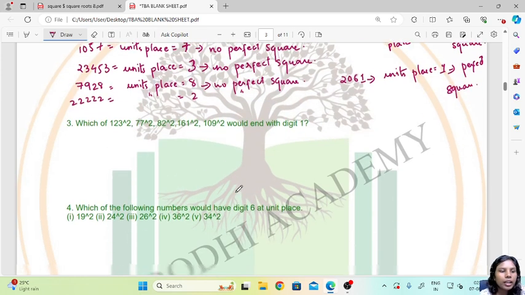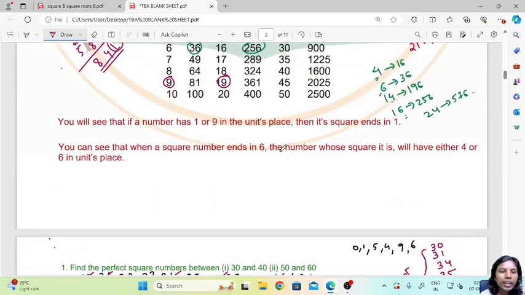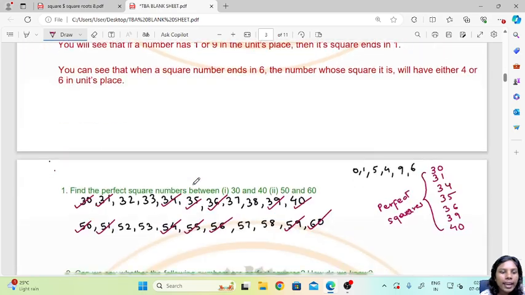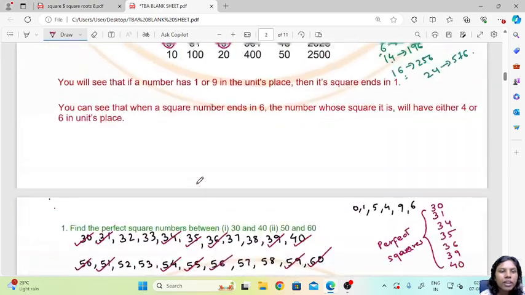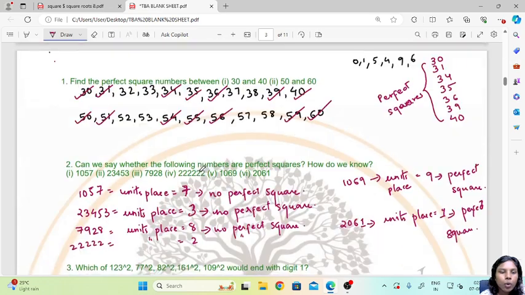Understood? Now, which of 123 raised to 2, 77 raised to 2, 82 raised to 2, 161 raised to 2 and 109 raised to 2 will end with digit 1? So now what did we learn about ending with digit 1? We saw that the numbers which have 1 or 9 in their units place will end with 1.